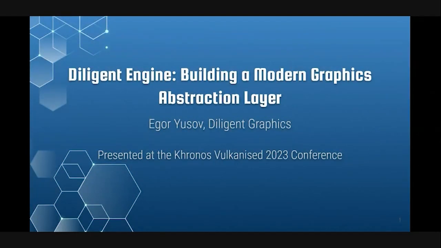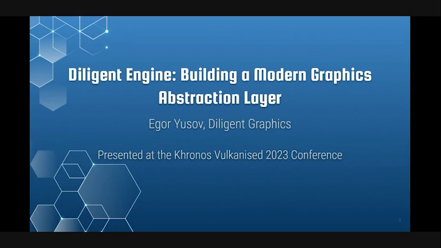Today, I want to share some of the learnings from building our main product, the Diligent Engine. Diligent Engine is a modern cross-platform, low-level graphics library, and it supports Windows, Linux, macOS, Android, and iOS. It implements Vulkan, D3D12, D3D11, OpenGL, and Metal backends.